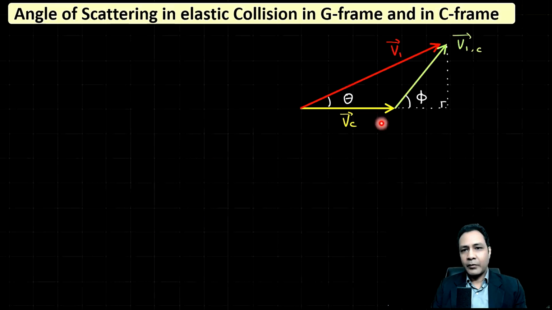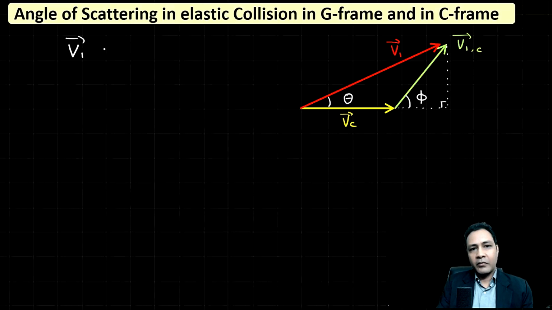So this is how I am connecting these three vectors. This was the vc vector, which was along the x-axis, and this is v1c, which is at an angle phi from the x-axis, and the v1 vector is at an angle theta from the x-axis. So the relation was v1 vector is equal to v1c plus vc.